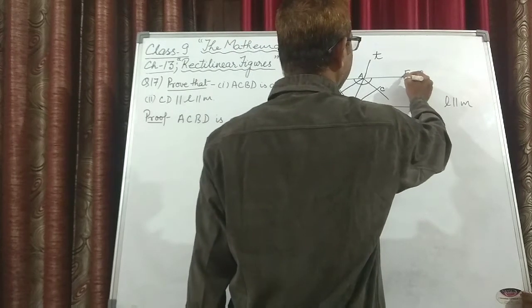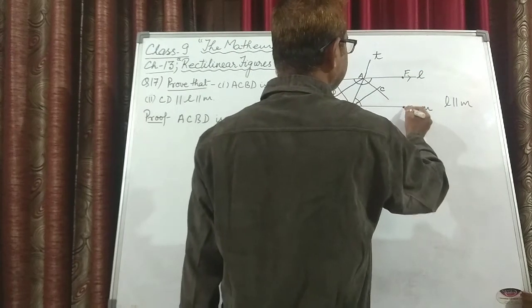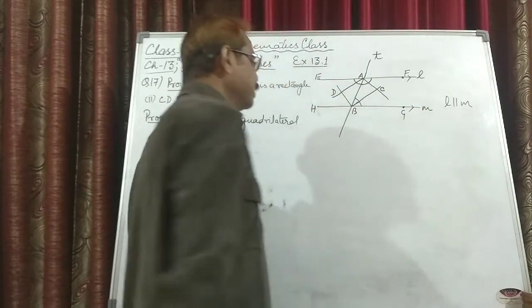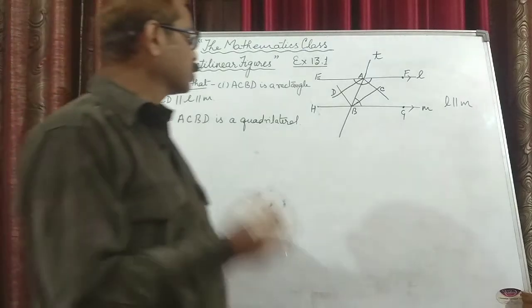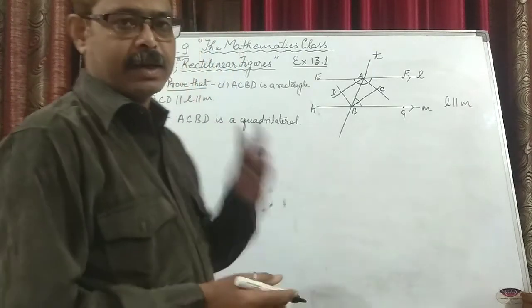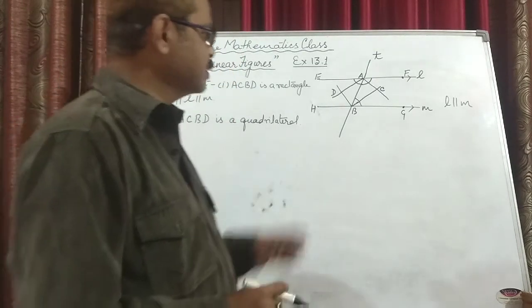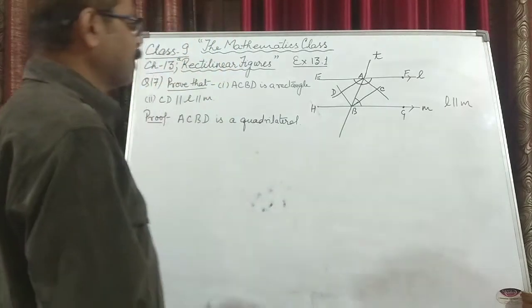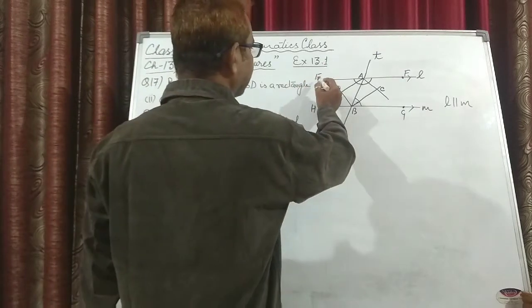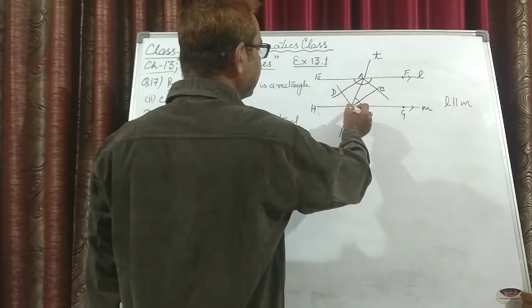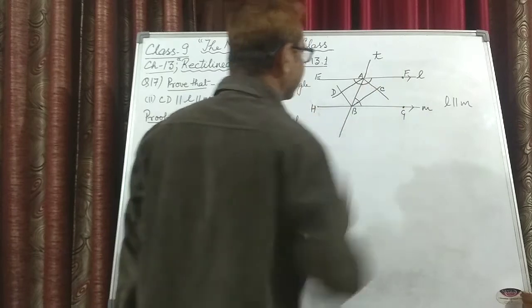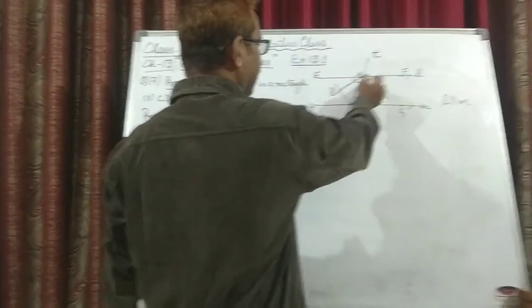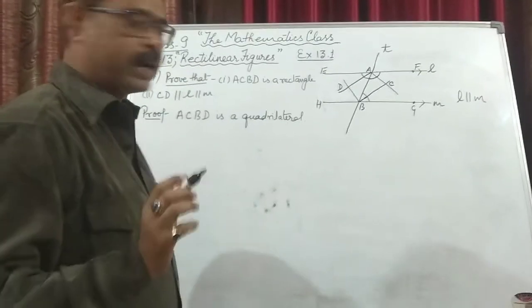So first of all, let's name the points E, F, G and H. Now it will be easy to talk about the angles. Labeling or naming makes it easy to say which angle we are talking about. Now, if you look at angle EAB and angle FAB, this total angle will be 180 degrees.